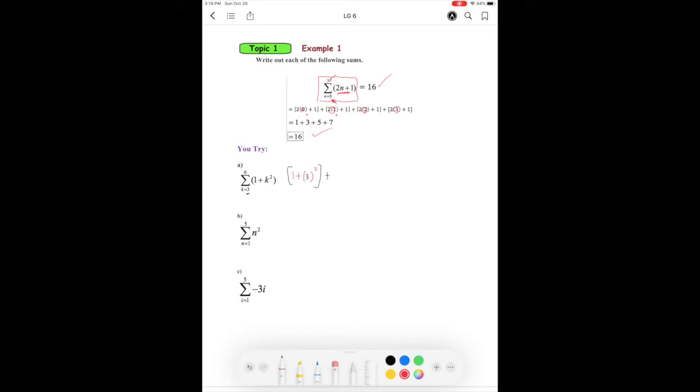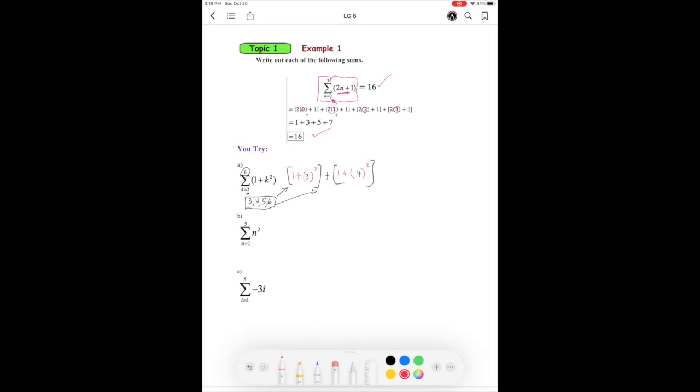Then I add it to the next one, 1 plus bracket squared. Now I'm putting in 4, because remember I'm starting at 3, going to 4, going to 5, going to 6, because that's where I end up. So these are the ones that I'm putting into each of the brackets. I did 3, now there's 4.